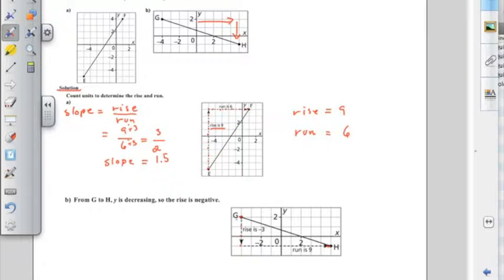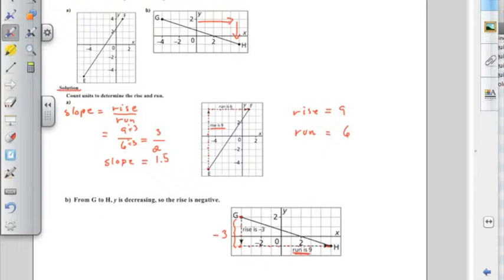So this is 3 units, and since we're moving down 3 units, we give it a negative sign. Okay? So that's -3. Our run is going to be equal to, so we're just going to start here and count 1, 2, 3, 4, 5, 6, 7, 8, 9. Our run is 9. It's labeled right there.